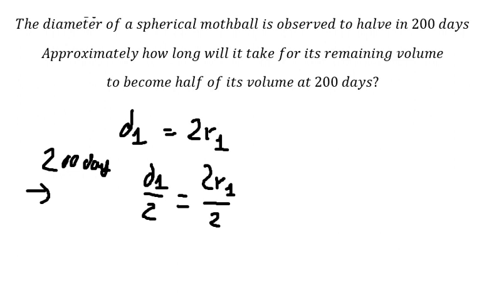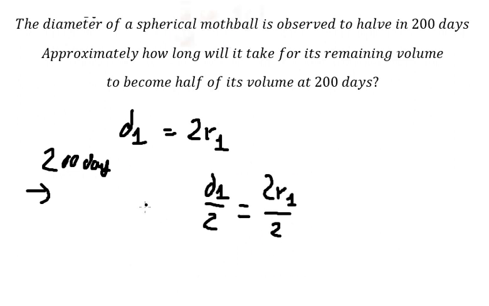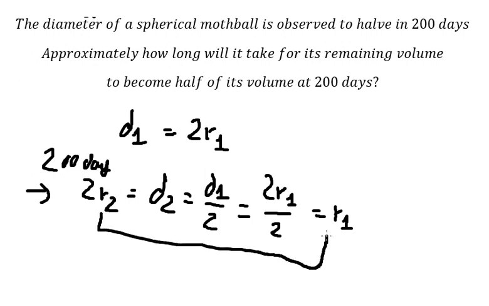We can put about the number 2. If we reduce this by half, you can get number 1. But number 2 equals 2 or number 2 because the diameter equals 2 times the radius. So we can see that this one equals this one.